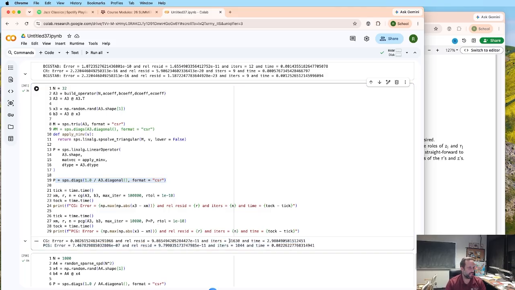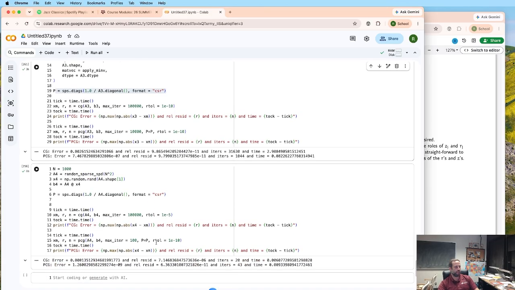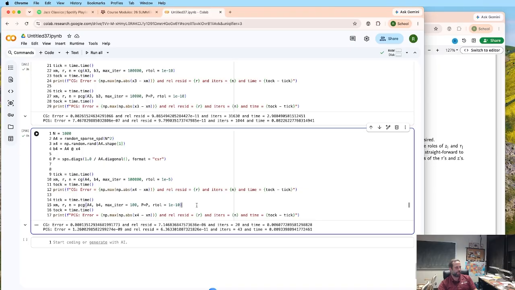So this is 30,000, this is 1,000, so we're doing 30 times fewer iterations. It gives an indication of why the preconditioning works well. Here, it's not so much that it made things worse, because notice we have a better error here. So I guess the preconditioning here was better because at least it converged.